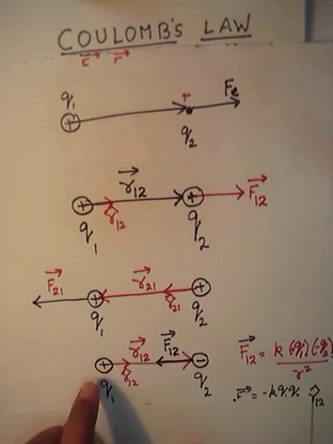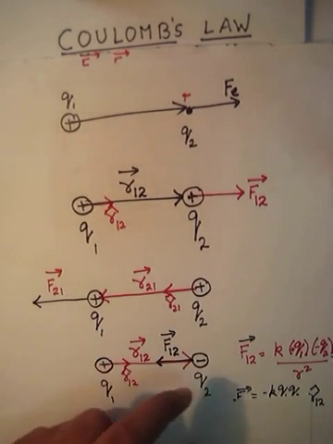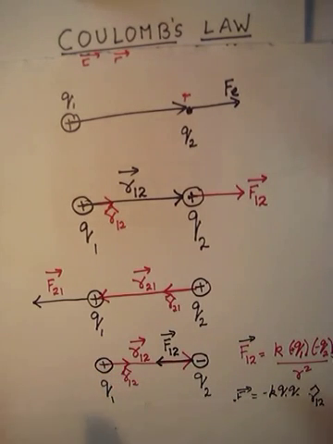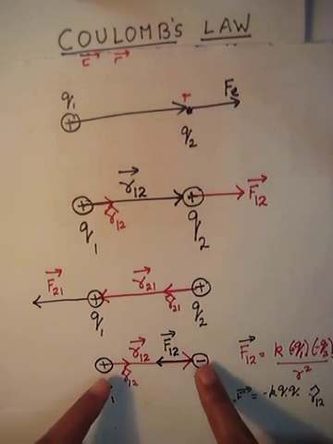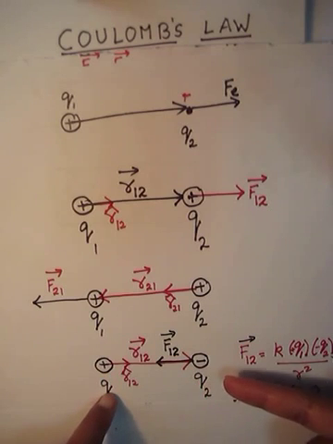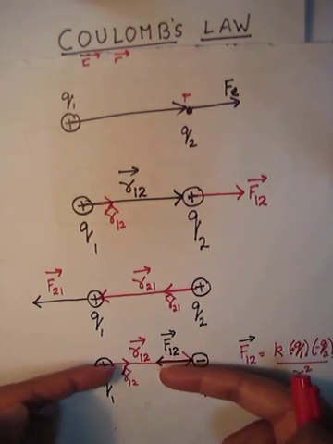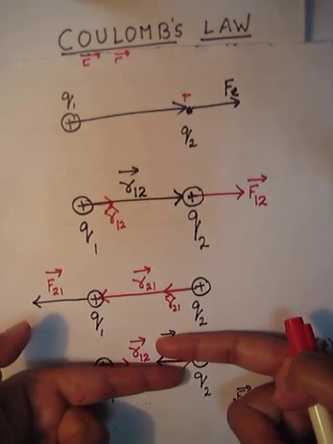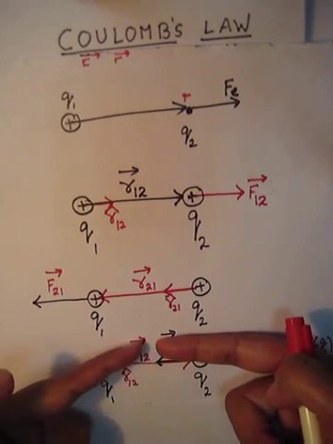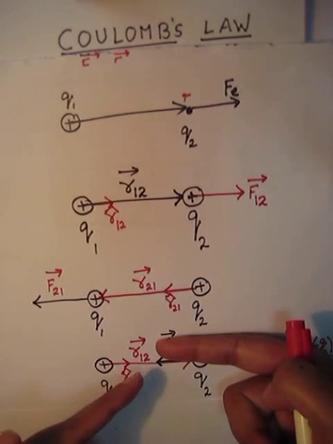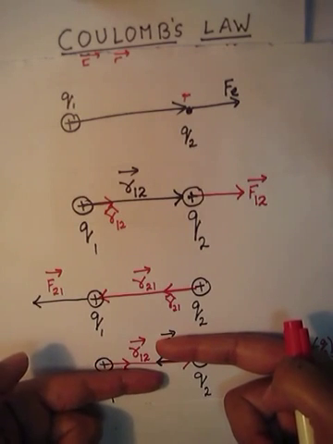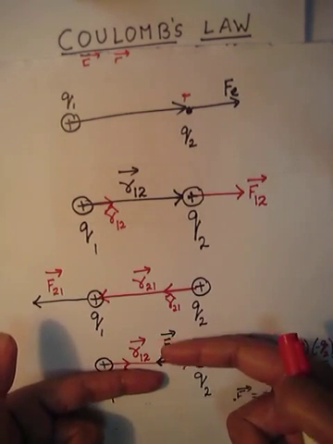Similarly, if the two charges are opposite in sign, first of all check the force. Because they are opposite in sign, the force by 1 on 2 will be towards the left, while the R vector will stay the same, so the R vector is towards the right. And the R unit vector will have the same direction as the R vector, so the force and the unit vector are opposite in direction.